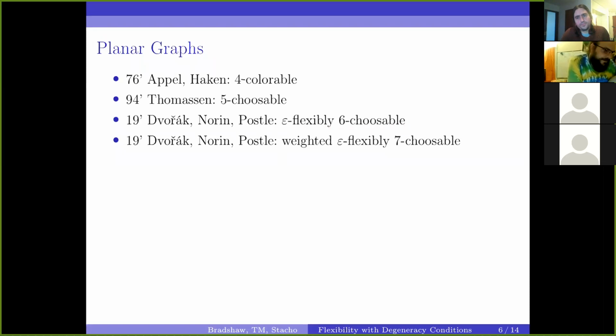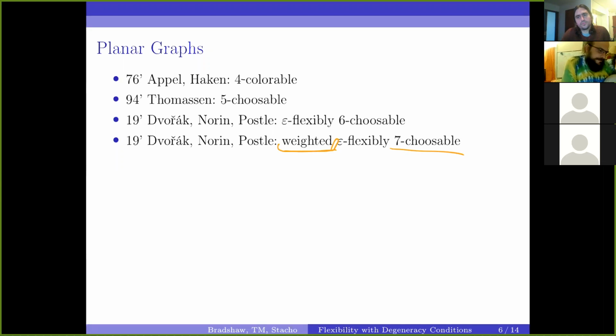Or if we apply weights, I haven't explained how weighted flexibility works, but basically you can think of requests that are weighted. So one vertex can request many colors with some weights, and then if you do it straightforwardly, you can derive a notion of weighted epsilon flexibility, and for that only it's known that lists of size 7 work.